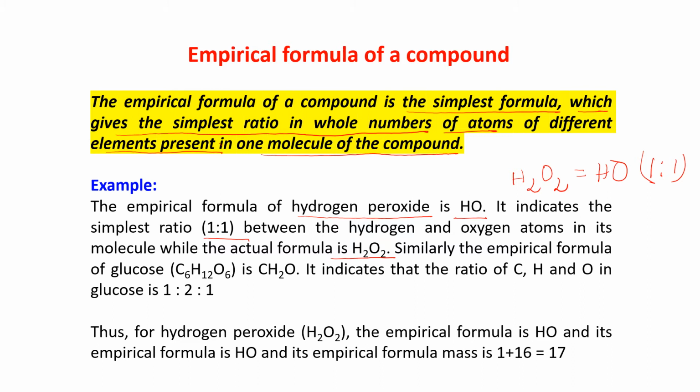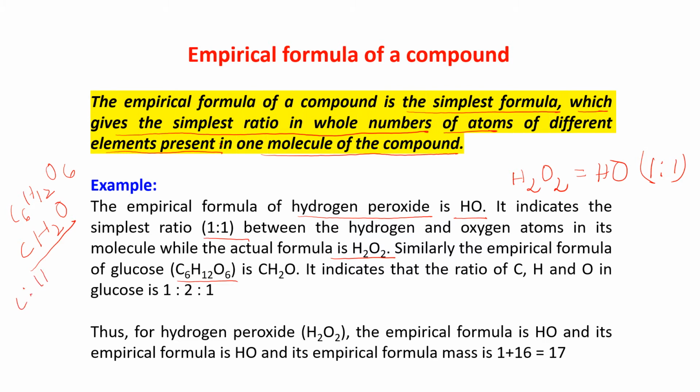Similarly, empirical formula of glucose. I am just showing it here. C6H12O6. Now find out the simplest ratio. You can divide everything by 6. It is coming CH2O. This is the simplest formula that indicates the ratio of the atoms carbon, hydrogen and oxygen.